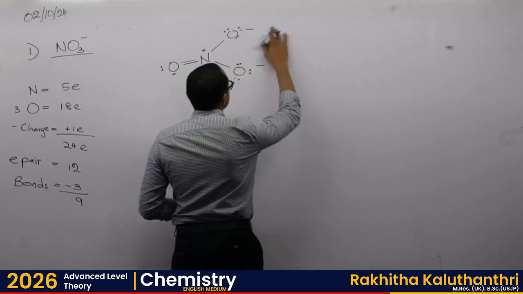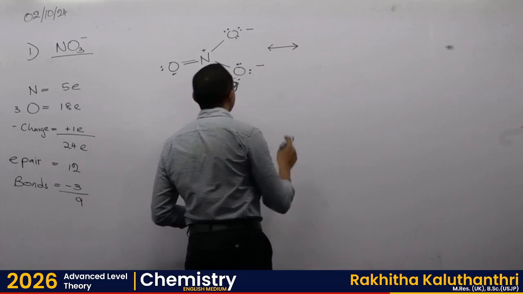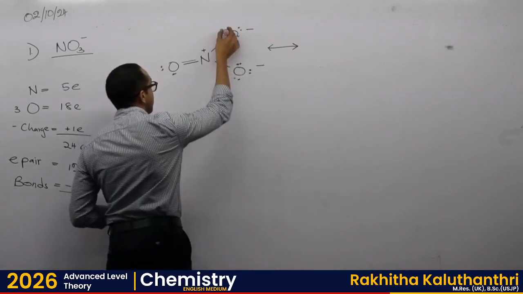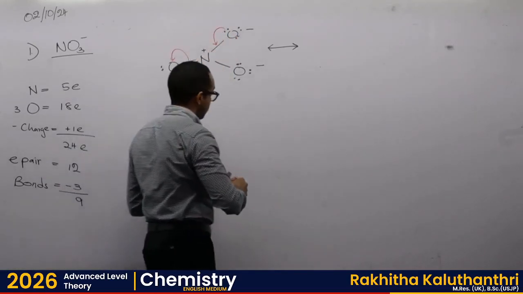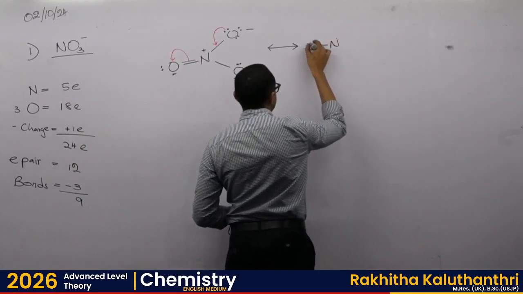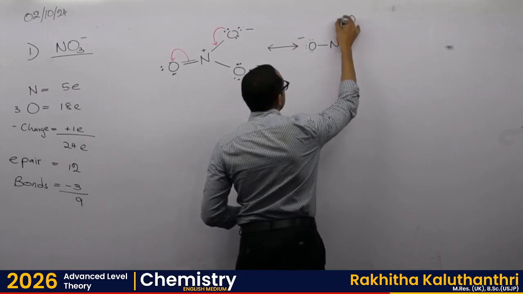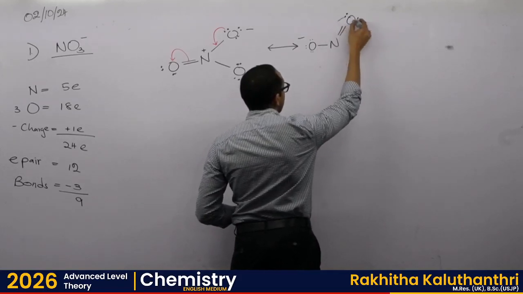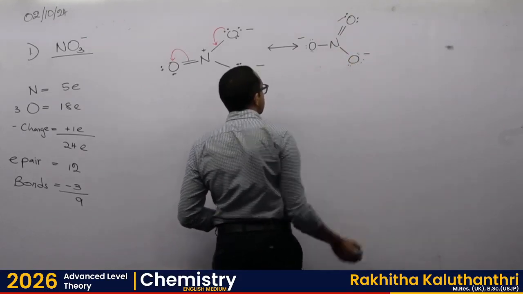So now you can convert between the two by transferring electrons. You can have this lone pair turning into a bond pair and this bond pair turning into a lone pair. So you have something like this, with a minus, and bond electron pairs and lone pairs are written here, minus.